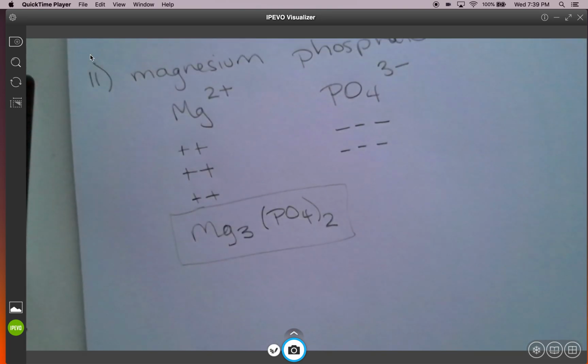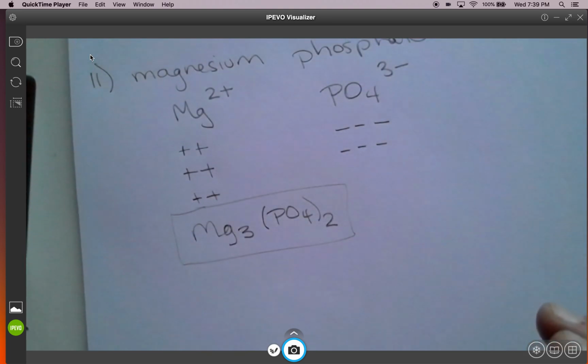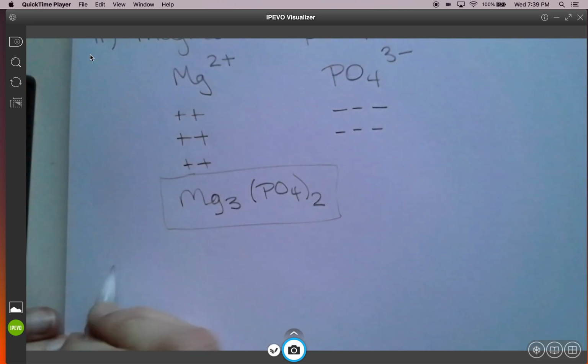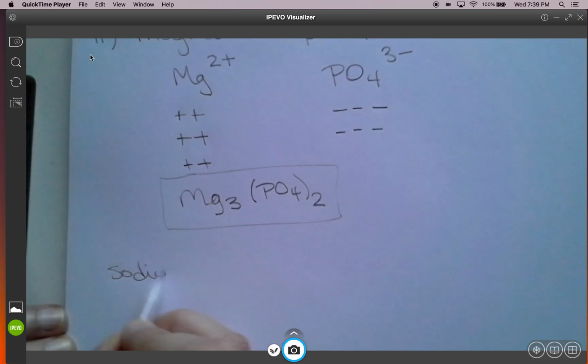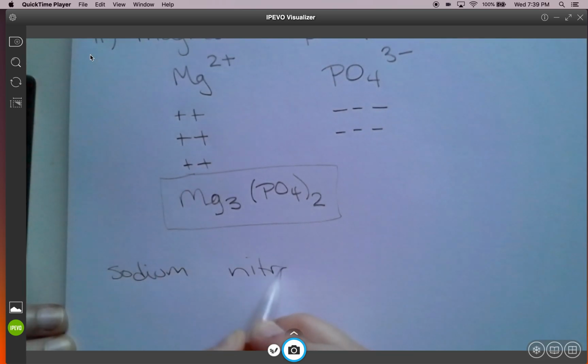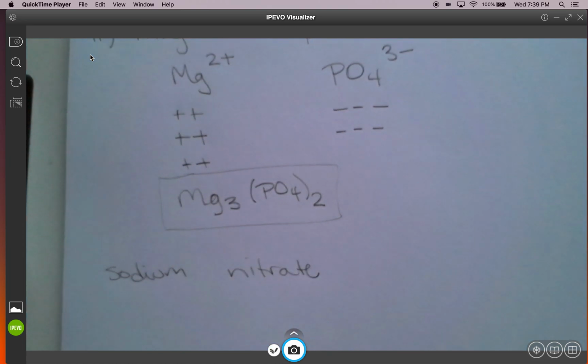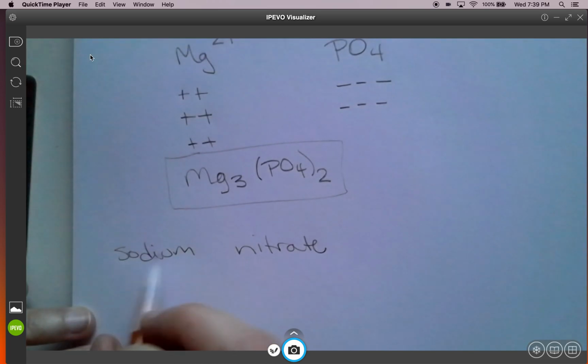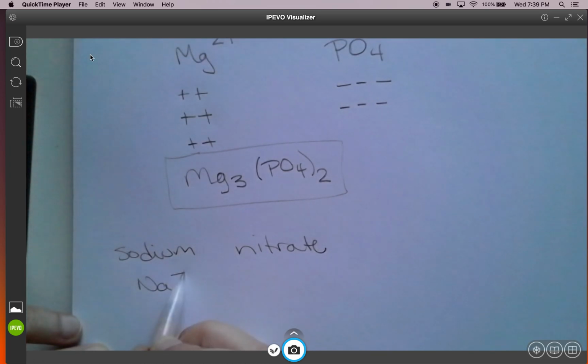I will do one example with you where you do not have multiple polyatomics, just so I can show you that also. We're going to do sodium nitrate, a very common compound, but I won't go there with you right now. Sodium's in your +1 column, so it has a charge of +1.